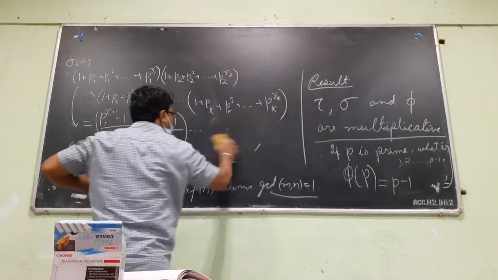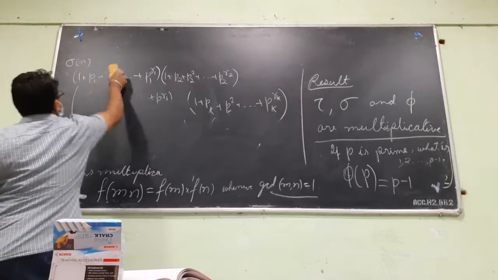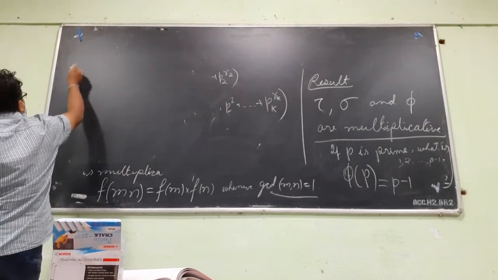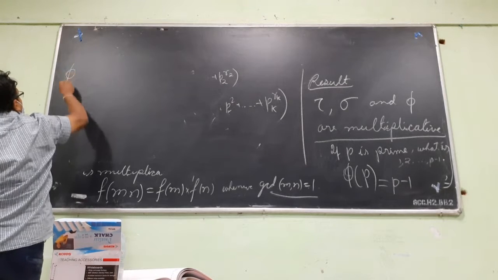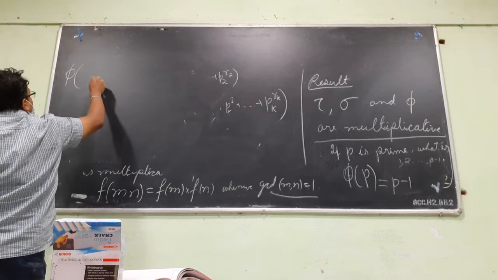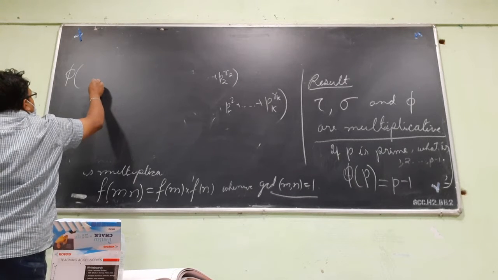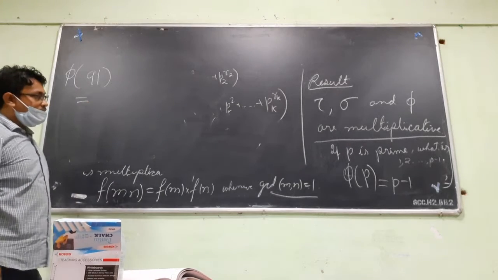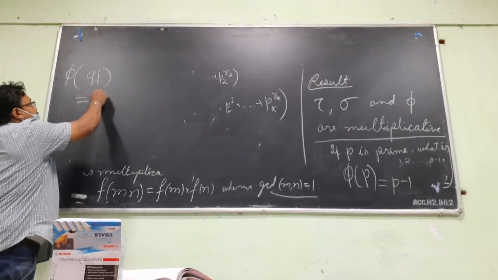Right. So if P and Q are prime, what will be phi of, say, 91? Can you try? Phi of 91.